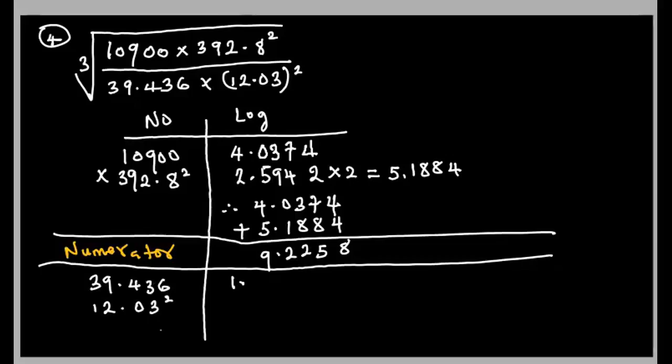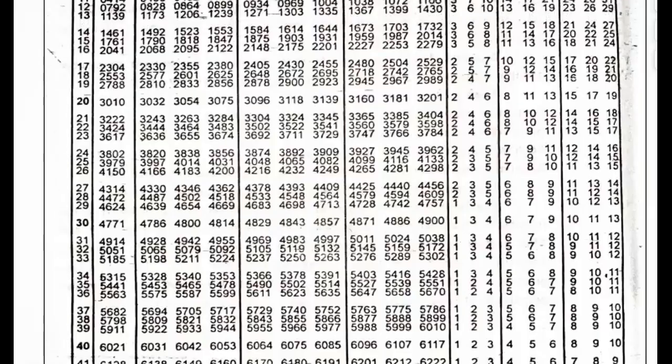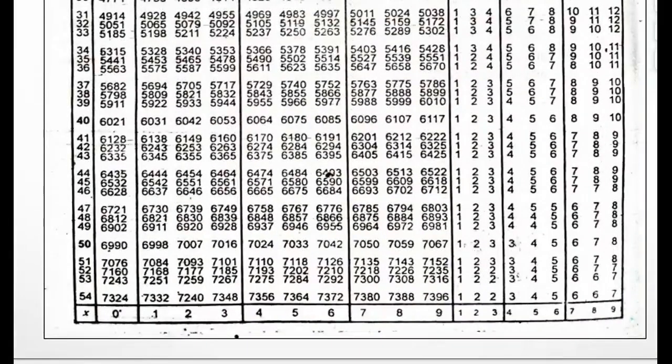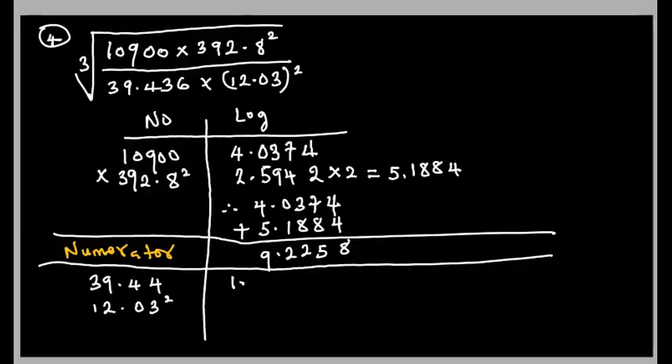Then we find 39 under 4, difference 4. From the log table, 39 under 4 is 5955, and the difference of 4 is 4. So when you add both values, you end up having 5959.